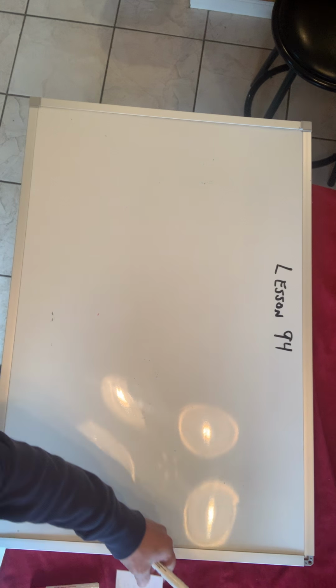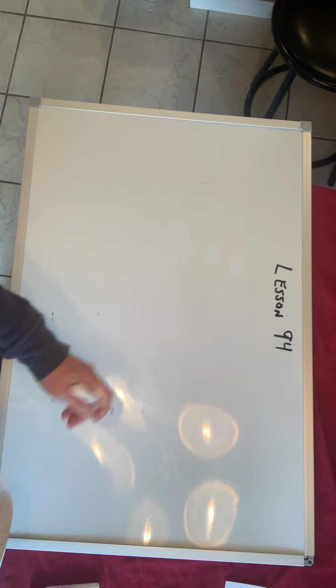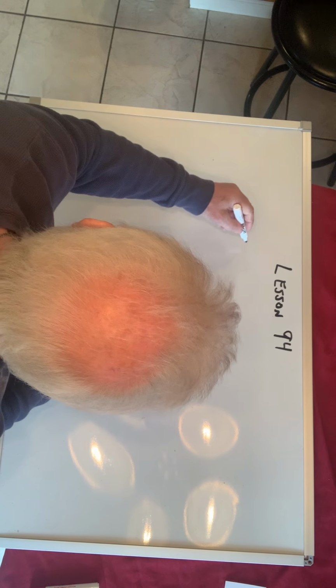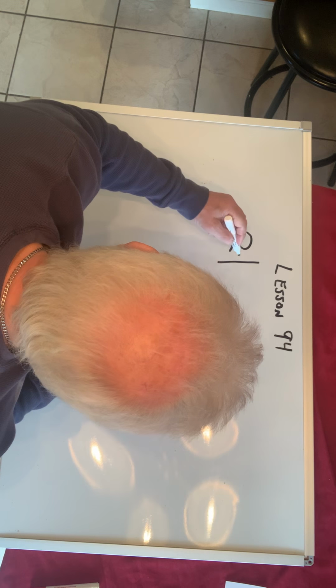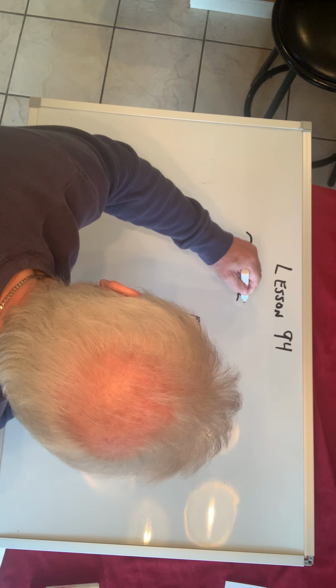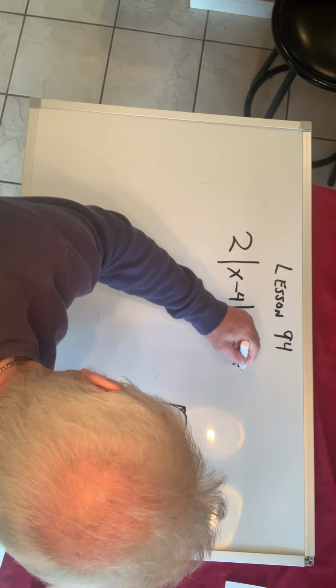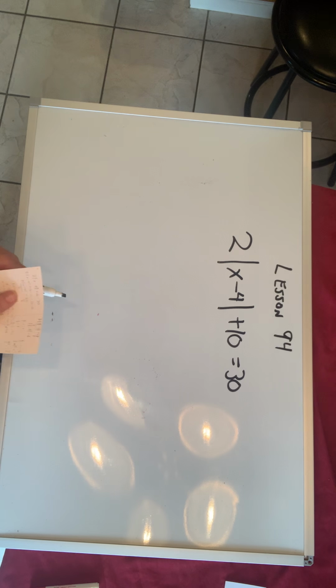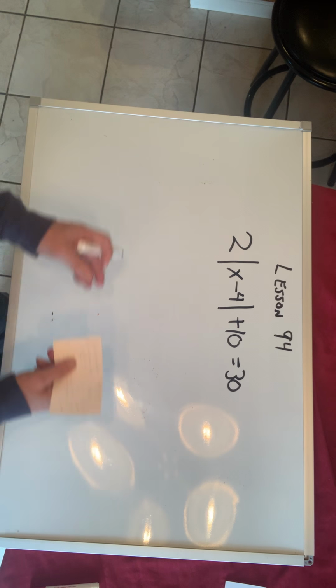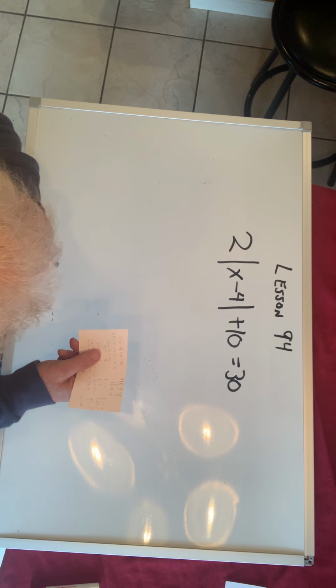Okay, example number 3. Here we go. We have 2 times the absolute value of x minus 4, plus 10, equals 30. All right, so we're going to do the opposite of everything they're doing.